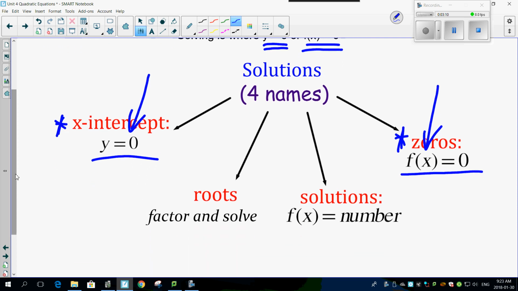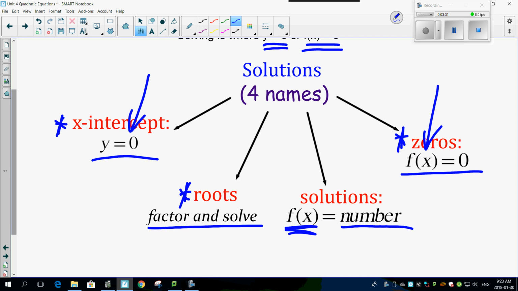Look at this guy. When you're finding the roots, you'll end up having to factor the quadratic. Factoring goes all the way back to Math 10C, and we're going to look at some really cool factoring. So you factor it and then you solve for the zeros. Solutions means some sort of function may actually equal a number.